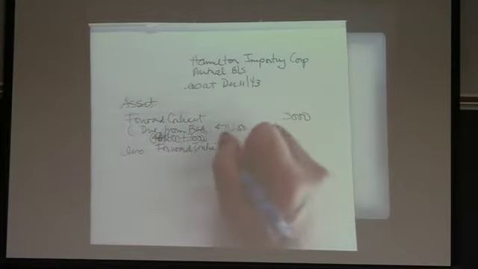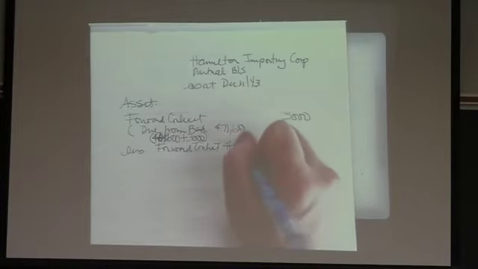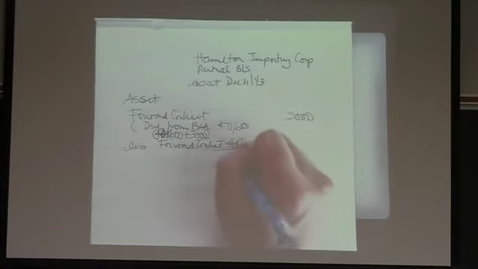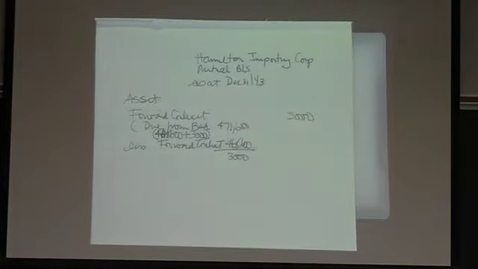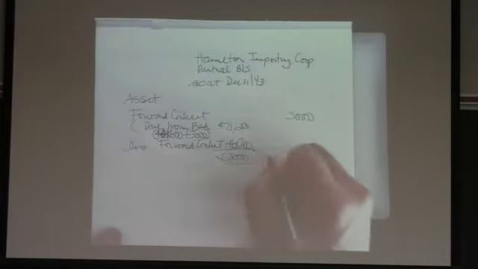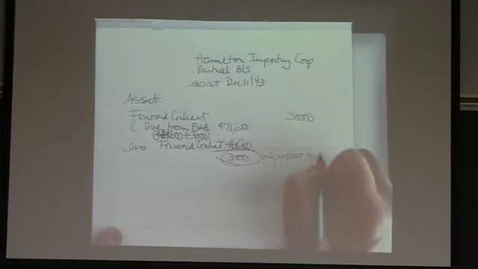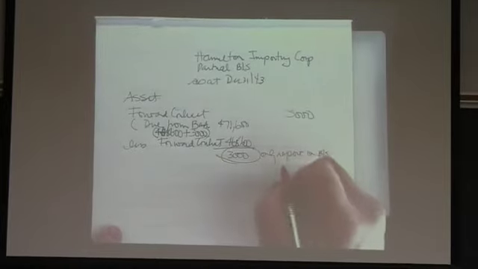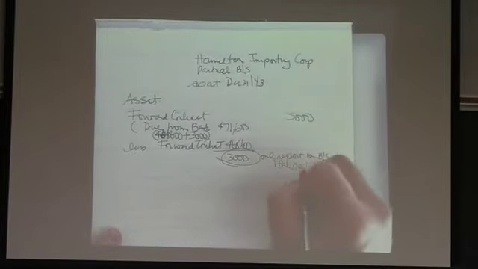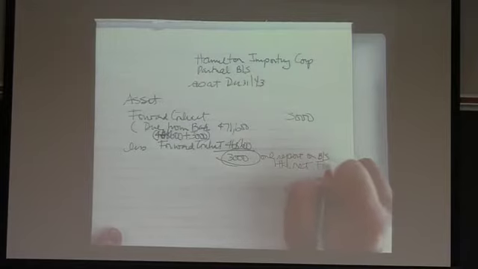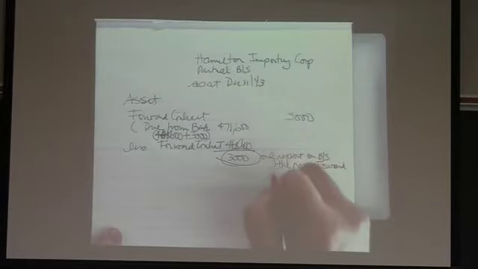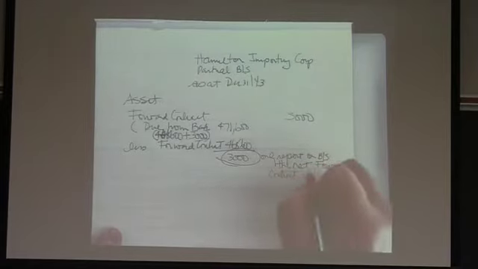And that forward contract is 468,600. That gives me 3,000. Again, we're only reporting the net. Only report on the balance sheet the net forward contract exposure.